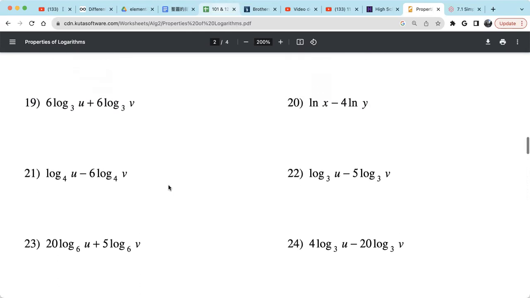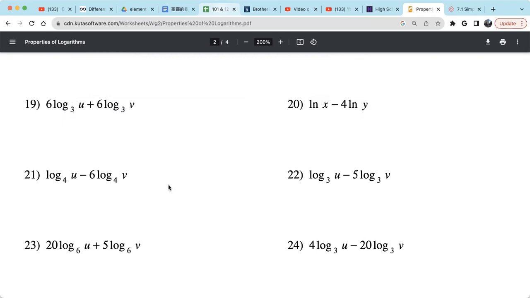Okay, let's finish this too. 4. We see 21 is very similar, right? Very similar. We have a 6 goes to the exponent of v, and then this subtraction means division.